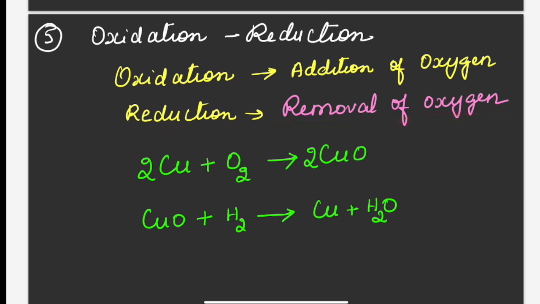You can see oxygen is present in the reactant, and when the product is formed, that oxygen is removed. So removal of oxygen is called reduction. Therefore this is called a reduction reaction. These are the examples for oxidation reduction reaction.